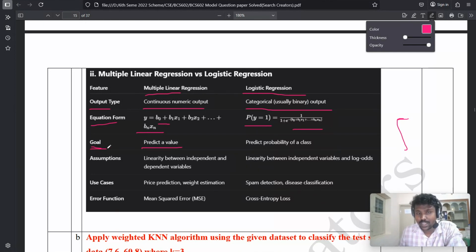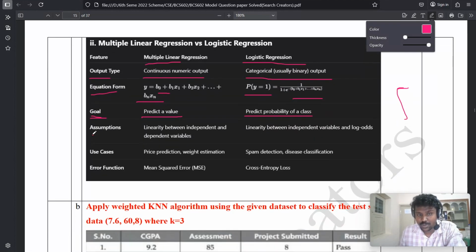The main goal of multiple linear regression is to predict a value, while logistic regression predicts the probability of the class. Assumptions: multiple linear regression assumes linearity between independent and dependent variables, while logistic regression assumes linearity between independent variables and log odds.